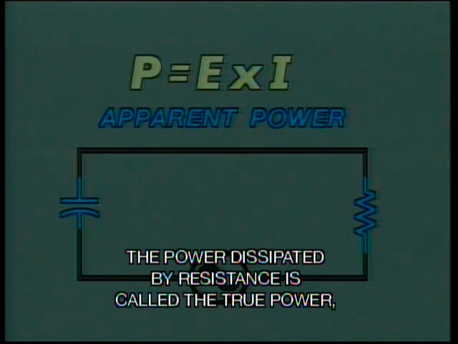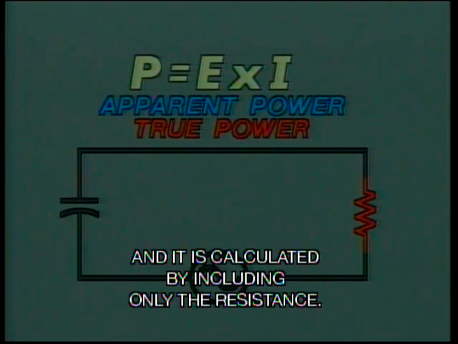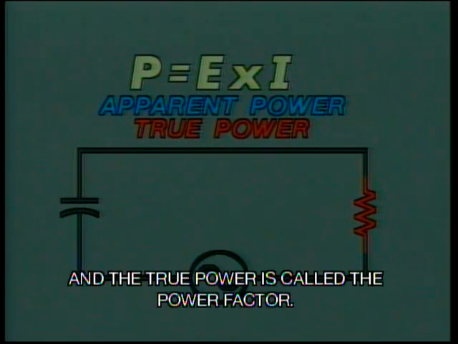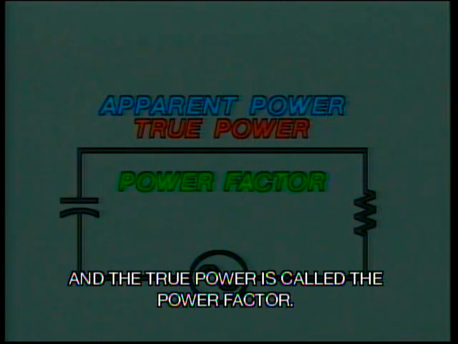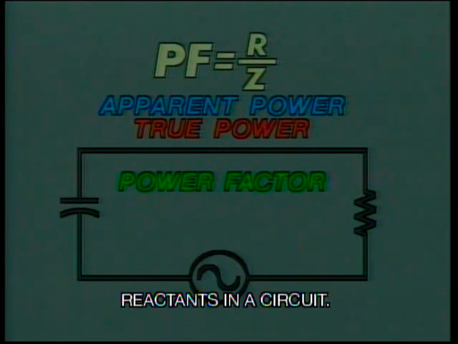The power dissipated by resistance is called the true power, and it is calculated by including only the resistance. The relationship between the apparent power and the true power is called the power factor. This formula gives an indication of the relative amount of resistance and reactance in a circuit.